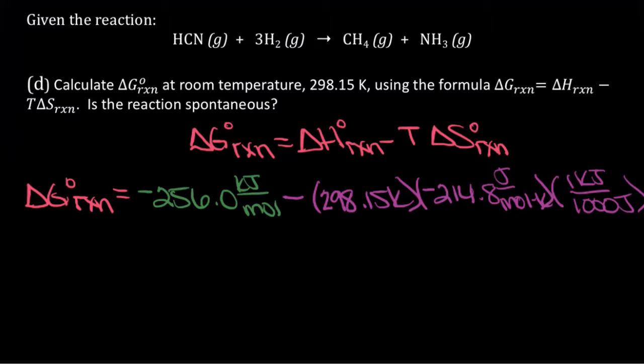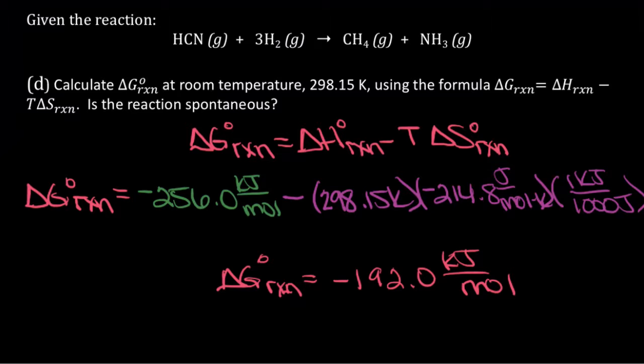Our temperature was 298.15 Kelvin, and our entropy change was minus 214.8 joules per mole Kelvin. And of course, we have to multiply that by 1 kilojoule over 1,000 joules to get rid of those joules and get us into kilojoules, so that everything's in the same unit. When we put the results into our calculator, we get that delta G reaction is negative 192.0 kilojoules per mole.